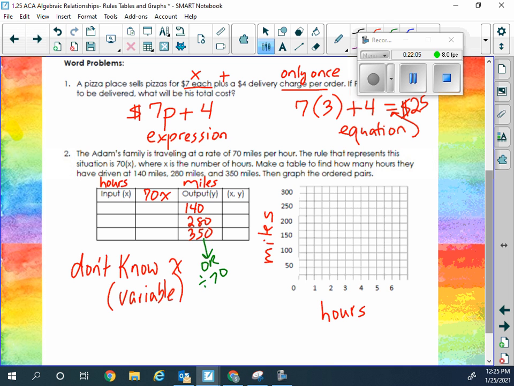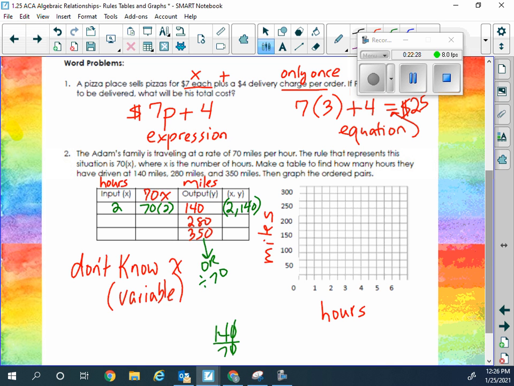So 140 divided by 70 is going to give you what? 140 divided by 70 is going to be 2. Very good. Okay? Because 70 times 2 is 140. And then put your point. 2, 140. There's your first coordinate.